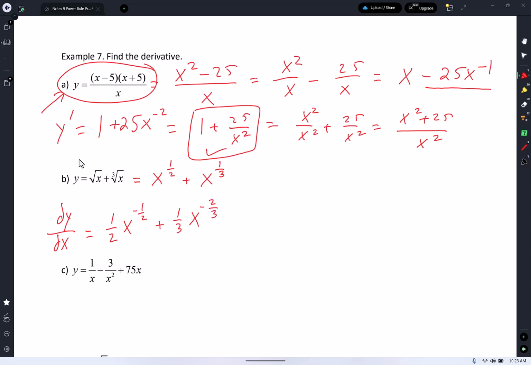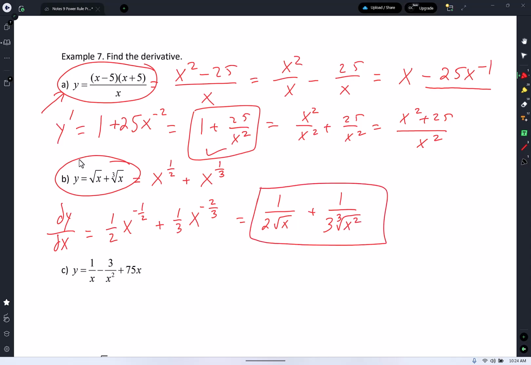When you're subtracting 1, whatever the denominator is, that's what you're going to do. Minus 3 over 3, right? That's the 1. So 1 minus 3 is negative 2. All right, let's make it look like this. So here we go. 1 over 2 square root of x plus 1 over 3 cube root of x squared. That's the derivative.